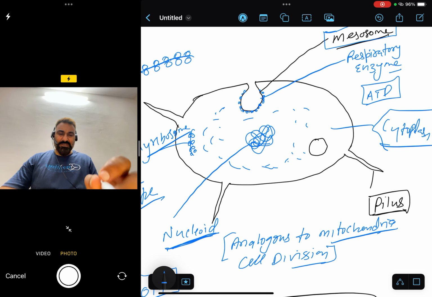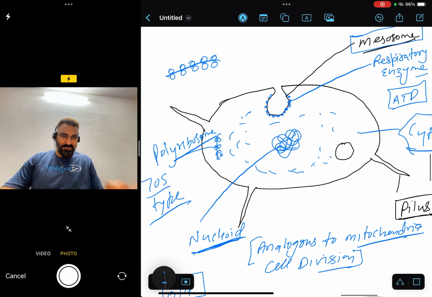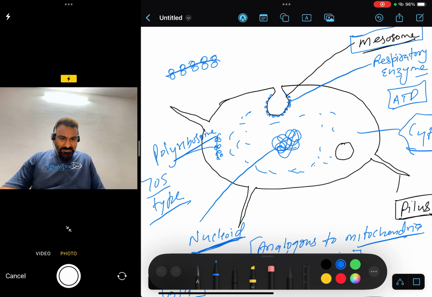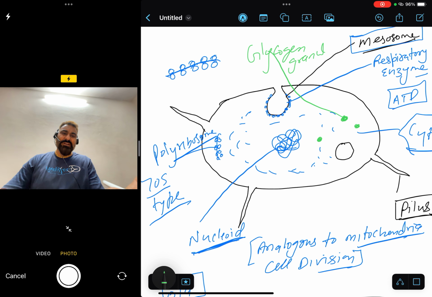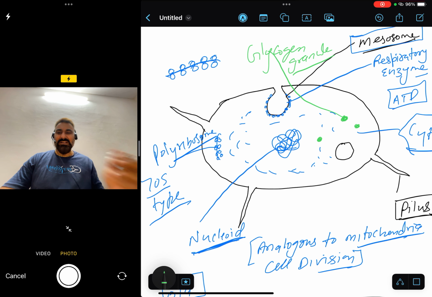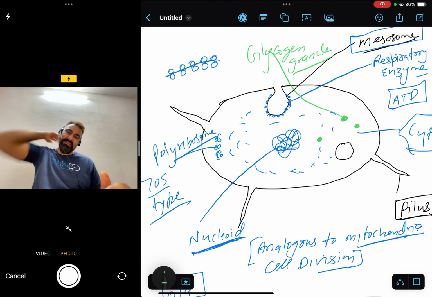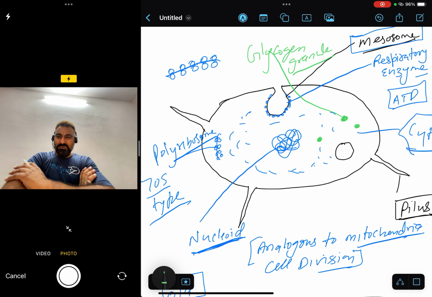Another structure is granules, like some food granules present inside the bacteria. When the bacteria have a sufficient amount of food, it stores some food in the form of glycogen granules. It stores food in the form of glycogen and utilizes it when there is a scarcity of food, or when there is no food for the bacteria.